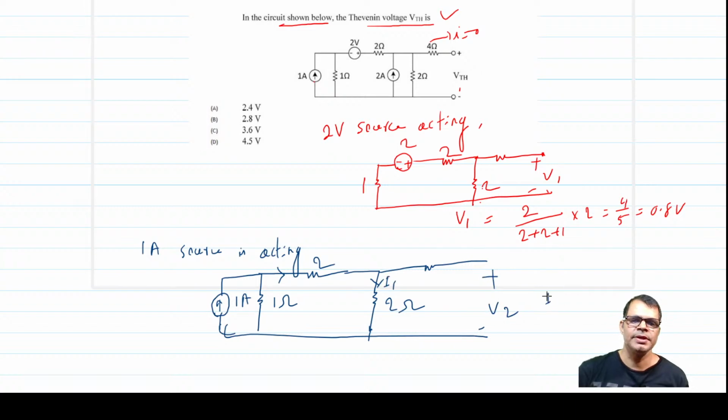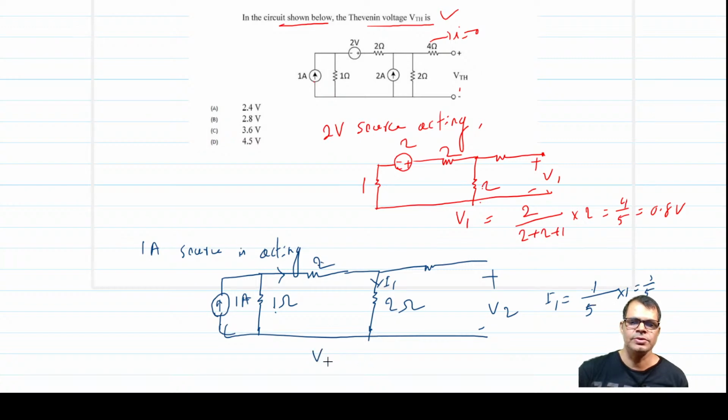I1 will be by current division, because there are two paths for this 1 ampere current. One is 1 ohm and the other is 2 plus 2, 4 ohm. Current division tells that this current will be 1 upon 2 plus 2 plus 1, that is 5, into 1 ampere, which is 1 upon 5.